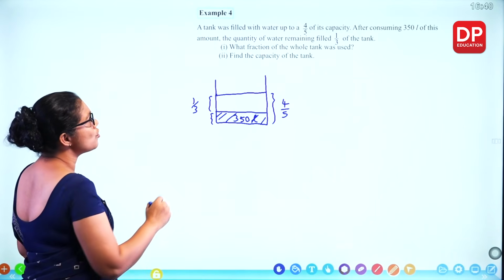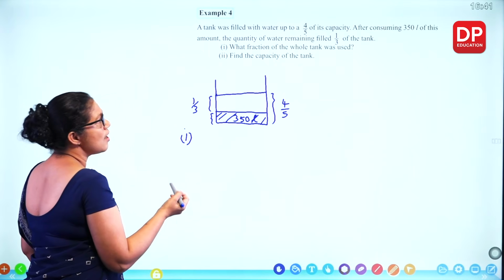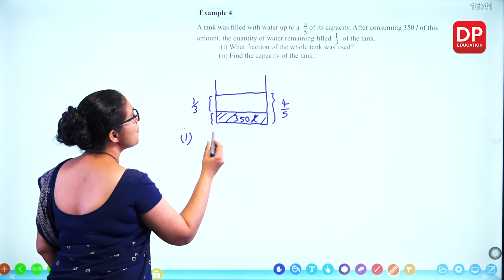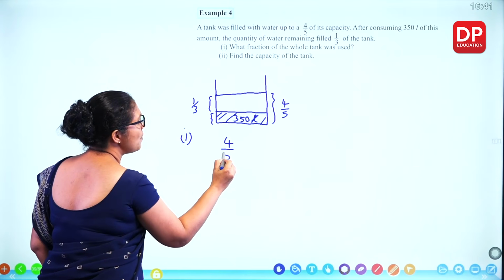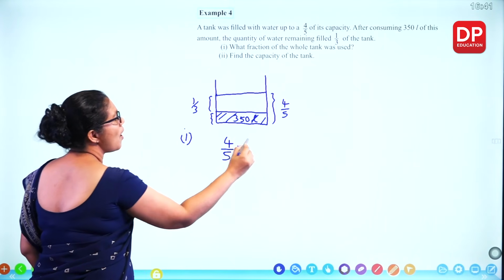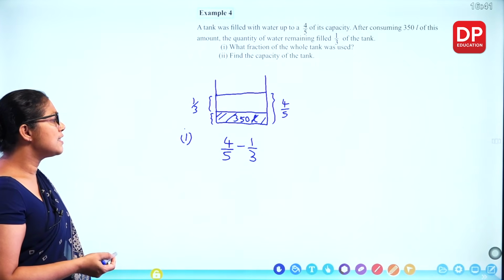To answer the first part, you can say 4/5 is the full part, subtract 1/3 from this. Now you get different denominators.